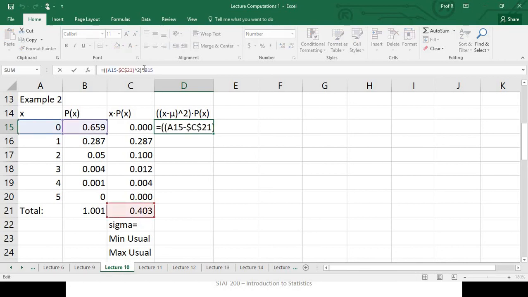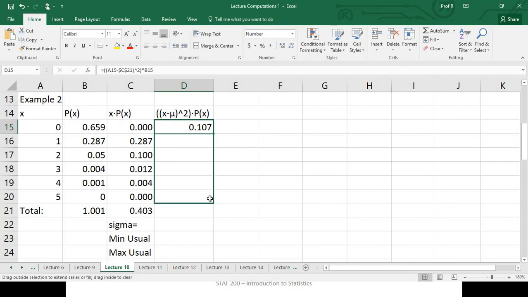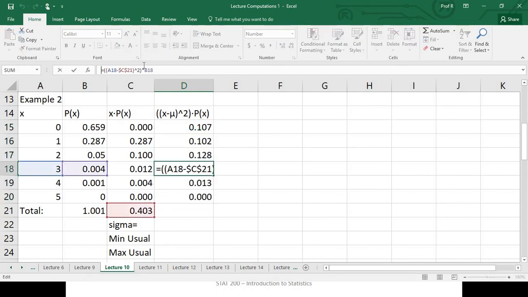Okay, now we want to go ahead and drag this down, and we want to make sure that when we do, it keeps the cell reference at 0.403. So let's just look at one in the middle here. Yes, it's doing x minus mu, squaring that, and then multiplying it by the probability of x. So we're okay there.